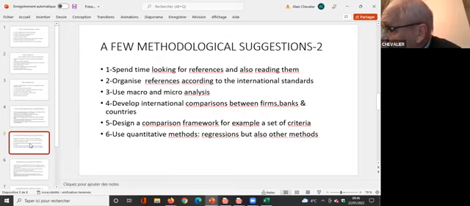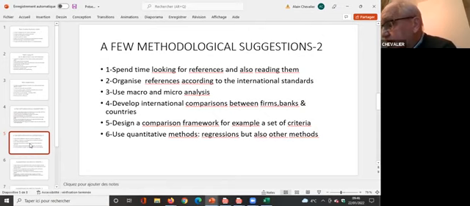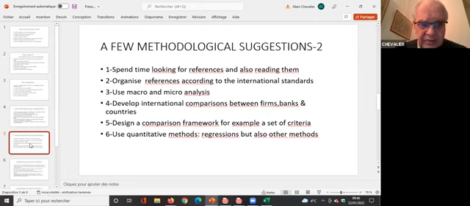So you have to design a set of criteria, a list, if you prefer, of 5, 6 criteria, and you have to make a comparison, generally a table. You introduce measures on these criteria for each case, and then you try to make a comparison. You explain the similarities, differences, and try to comment and to get some kind of partial conclusion of this comparison of the measures, applying these criteria. This is very, very important.